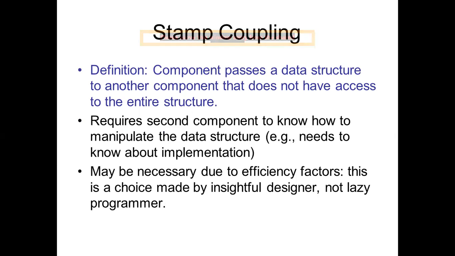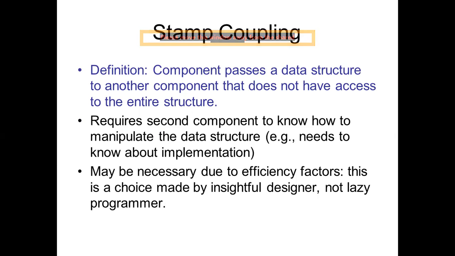Now it's time for stamp coupling. In this case, a component passes a data structure to another component that does not have access to the entire structure. The data is passing, but we cannot access the entire structure. We are using another component in the same module, but with the help of one component we cannot access the data of all components.